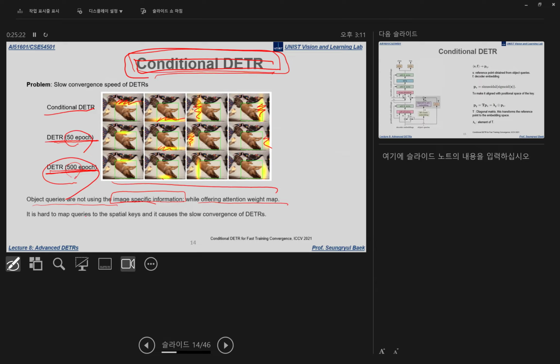So it was hard for the DETR to map object queries to bounding box information and also the class information. So they assume that was the main cause for the slow convergence of the DETR.